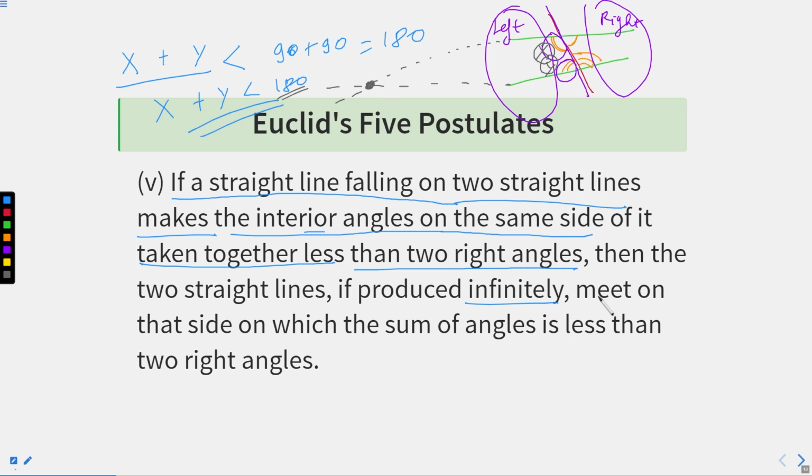This is your fifth postulate statement. If we produce them infinitely, they meet on that side on which the sum of the angles is less than two right angles. So on the left side we took the angles and their sum is less than 180, and on the same side, if we extend the lines, then these lines will eventually intersect. So this is what the fifth postulate says.